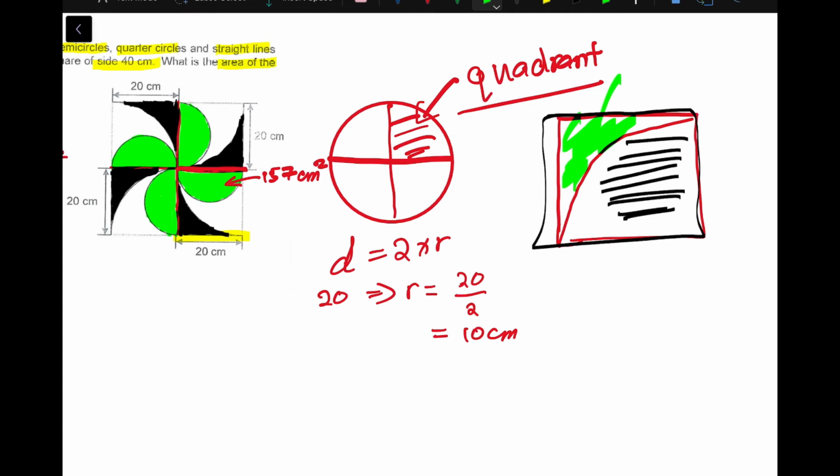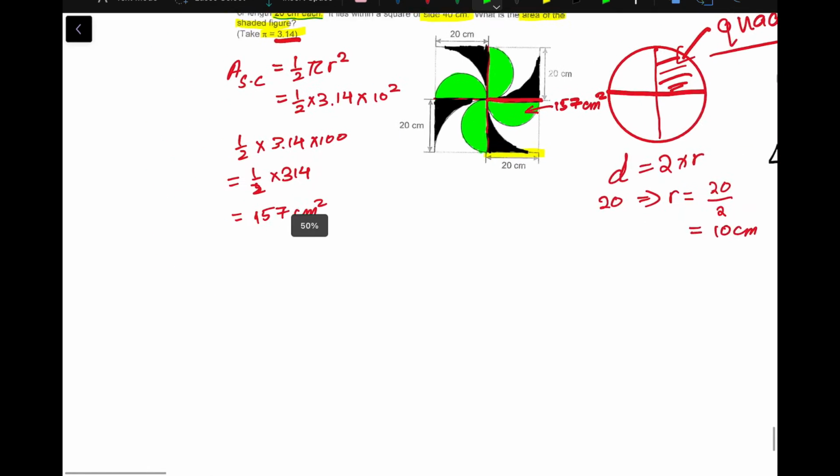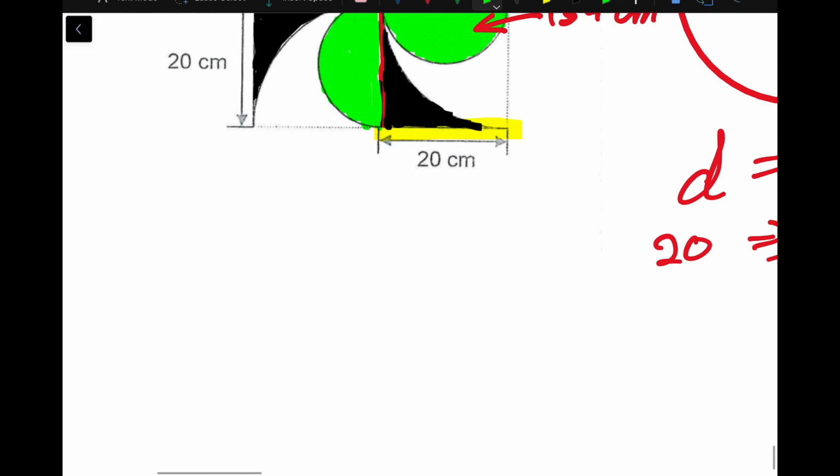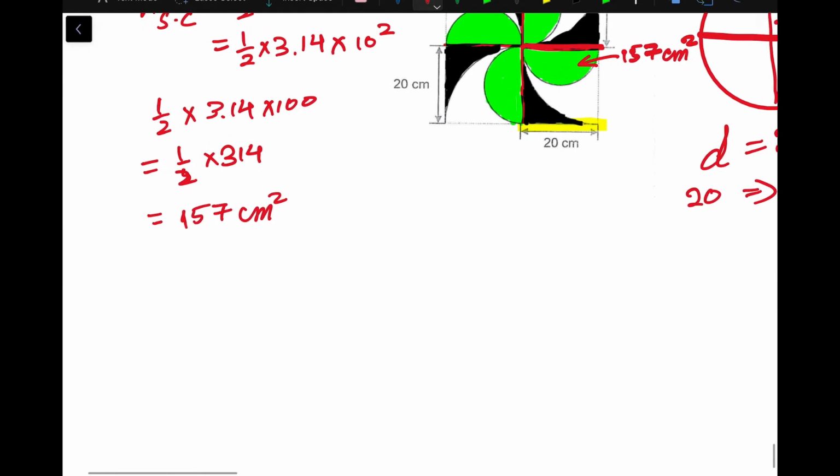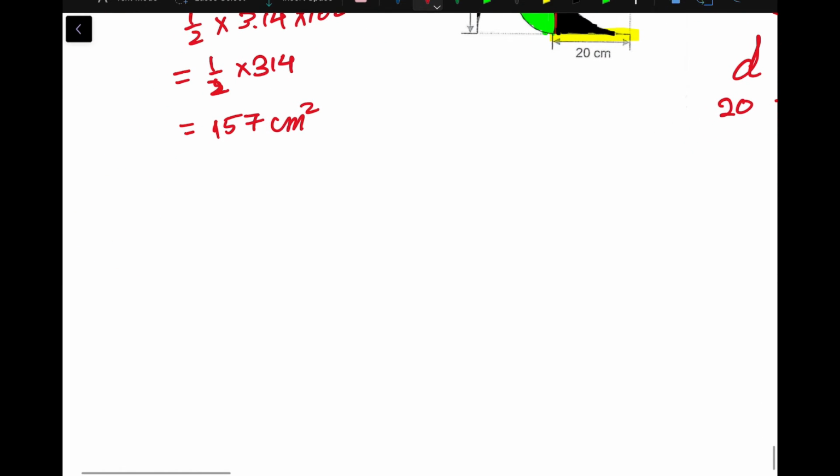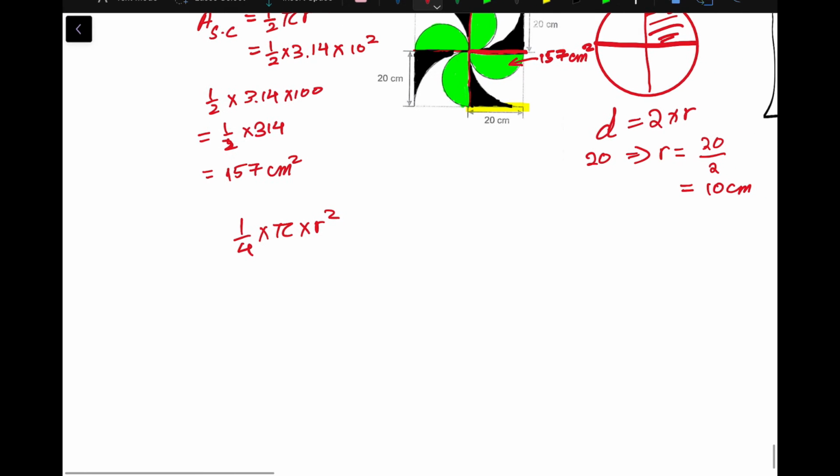That's fairly simple. We know that the formula for the area of a quadrant is just 1 by 4 times pi times r squared.